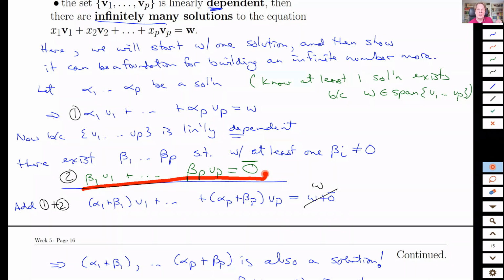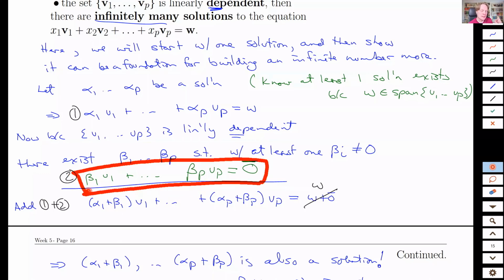What does it mean to be linearly dependent? Well, it means when I write out this special equation that involves the vectors adding up to the zero vector, that was how we started defining dependent versus independent vector sets. Then when I write out that equation and it's a linearly dependent set, there's going to be some non-zero beta in there that's going to make this work. That's going to satisfy this equation here. That's literally the definition of linear dependence.